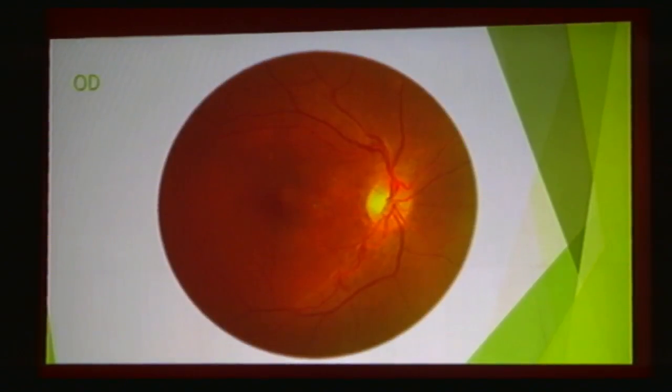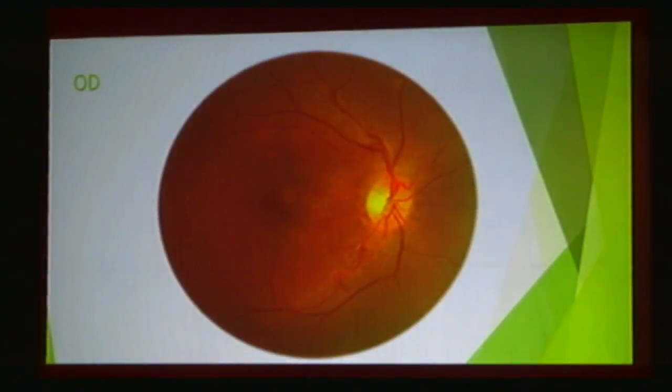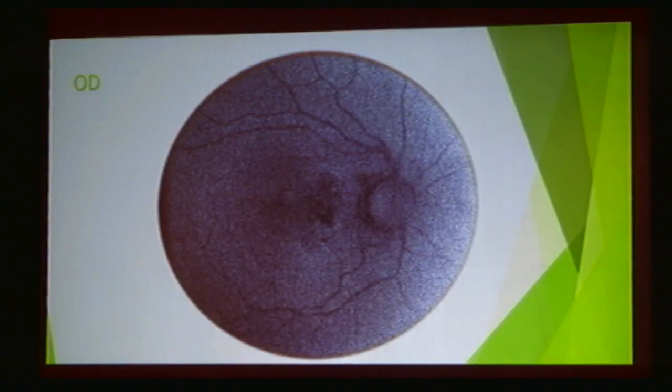The fundus of the right eye showed some pigmentary changes in the peripapillary area with the dull foveal reflex, and the corresponding autofluorescence.